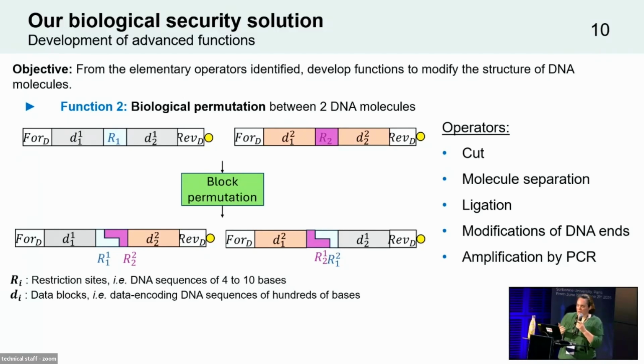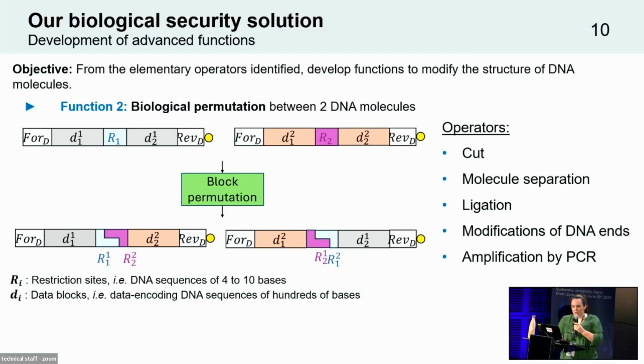It's important to note that despite the apparent simplicity of these functions, each of the operators have their own complexity and parameters that are specific to them, and that they do not have 100% yield, so each step brings errors that are specific to them.